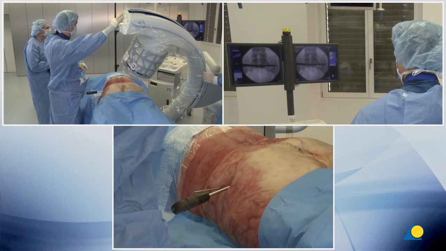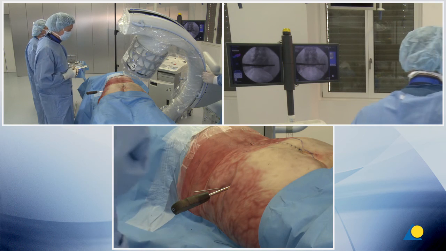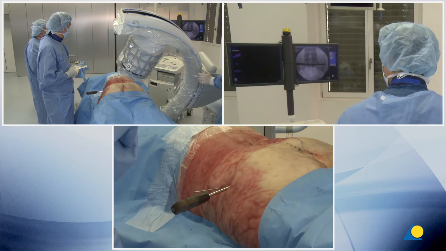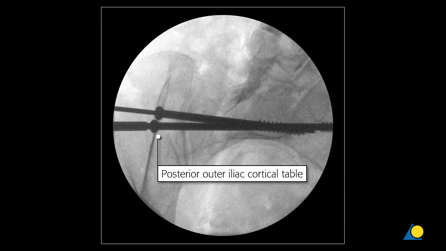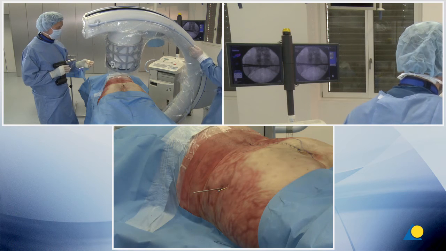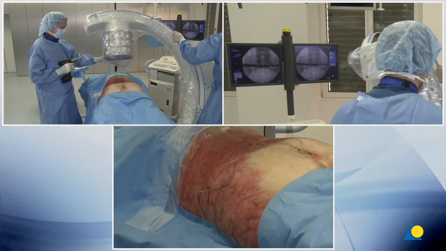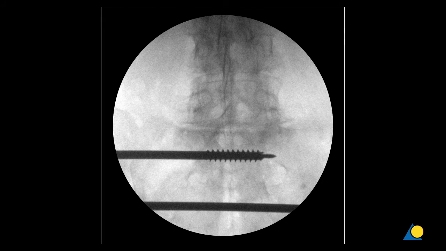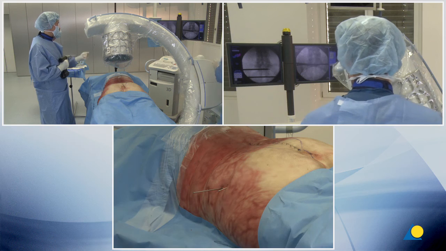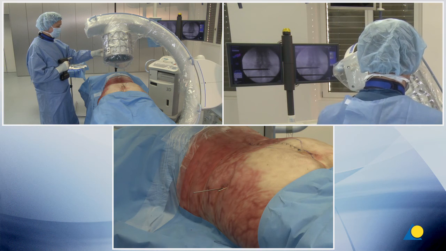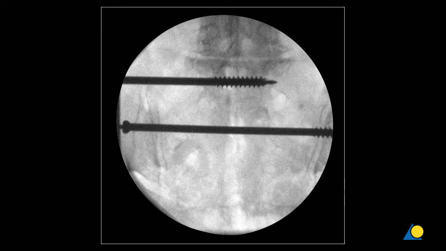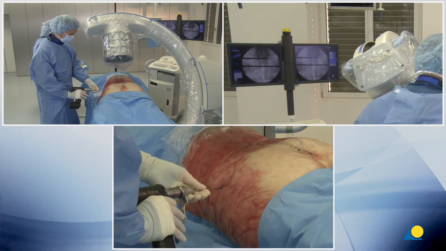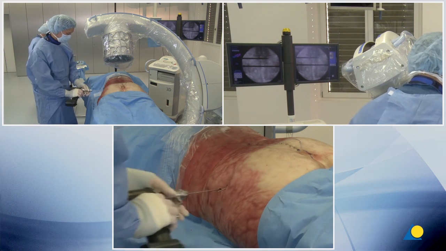When it is felt that both screws are seated, the C-arm is positioned in an oblique inlet view so as to take a tangential view of the posterior ilium and check that both screw heads are abutted against the cortex. When the position of the screws is confirmed to be acceptable, the guide wires are removed.